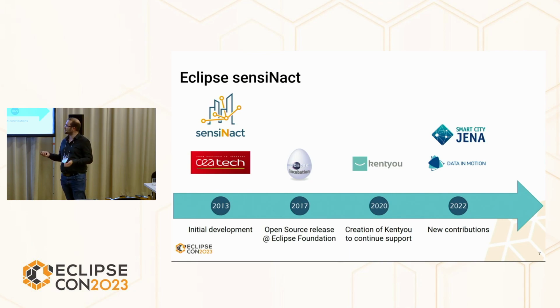It was developed there. After some time, the project was pushed to the Eclipse Foundation. Kentyou was created to continue the development afterwards, and finally we now have two new contributors, the city of Vienna and a company based there, Data in Motion.